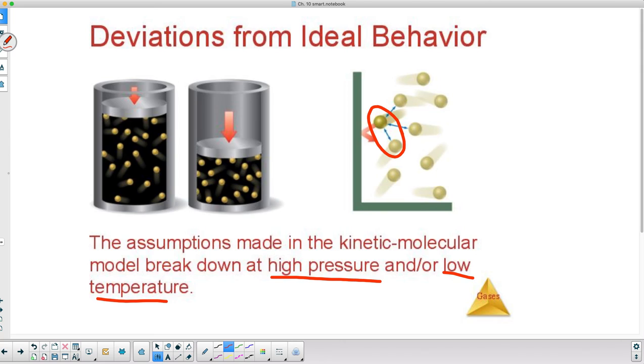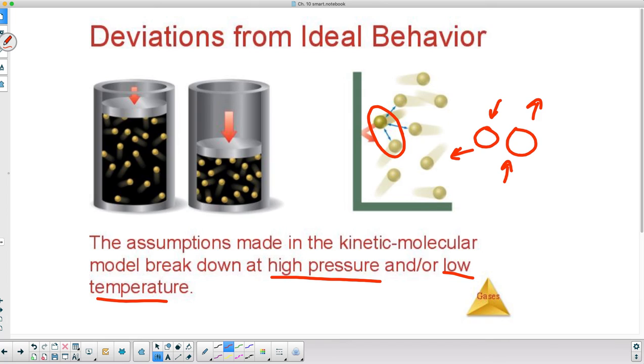So it's like the billiard balls that slide by each other without hitting. One's going this way, the other's going this way, and they don't affect each other's path at all because they're not touching at all. Now, for a real gas, they may deflect each other's path because they are. So if it's going this way, it may deflect this way, and this one may deflect in a different way because of a repulsion force. Like if we have ions and they're both positive and they repel each other.